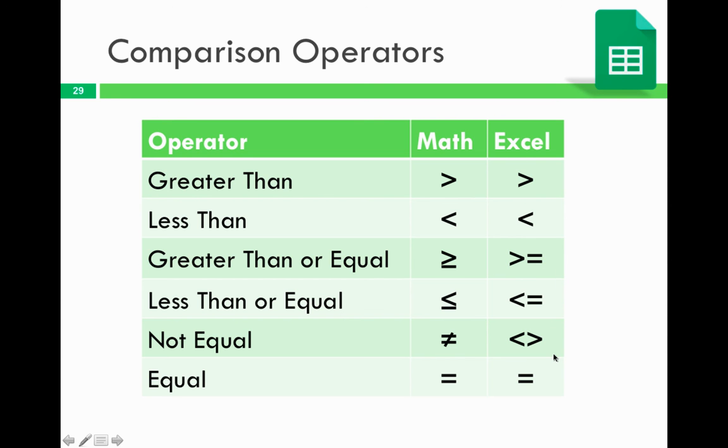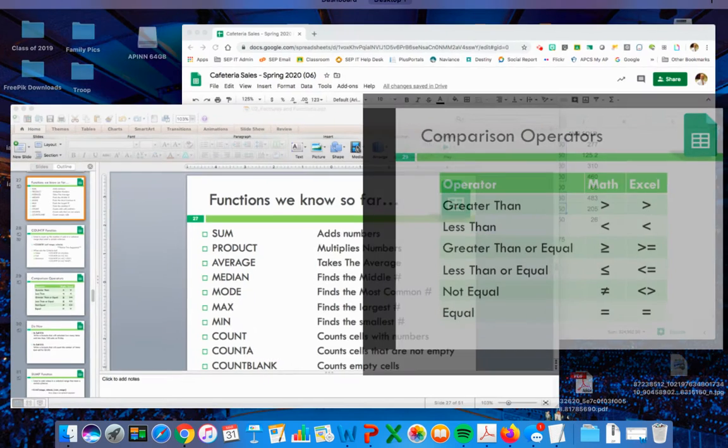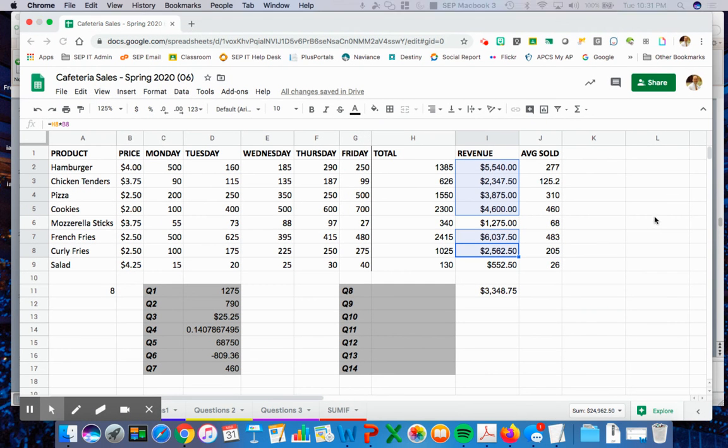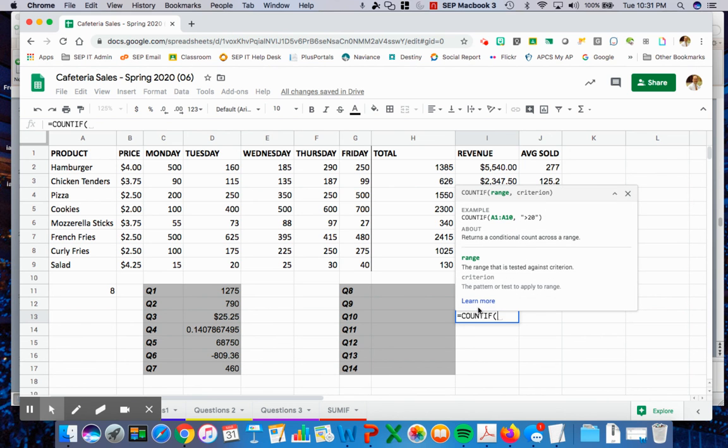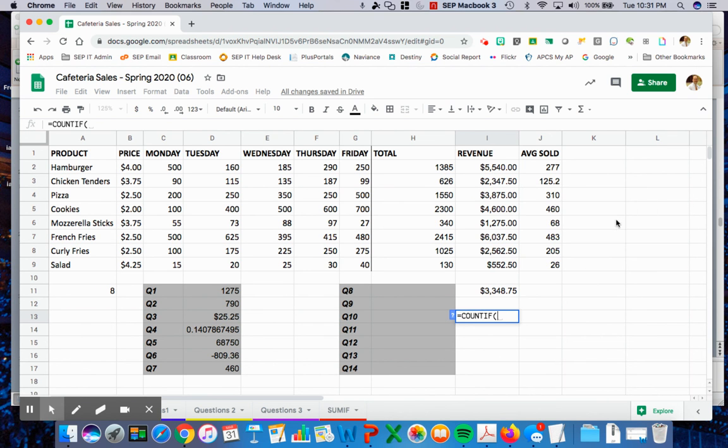So if we flip back to your spreadsheet for a second, let's see how this would work. I'm just going to come down here and play for a second. The name of the function we're talking about is COUNTIF. The first argument here is what range of cells do we want to look at? In this case, I wanted to know how many products in the cafeteria generated more than $2,000 of revenue.